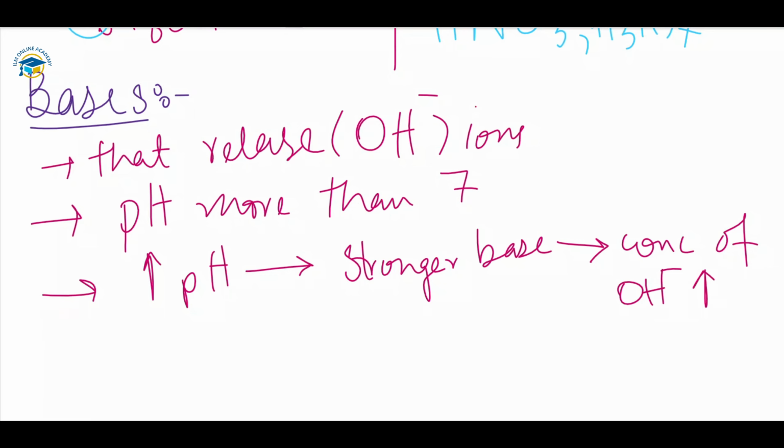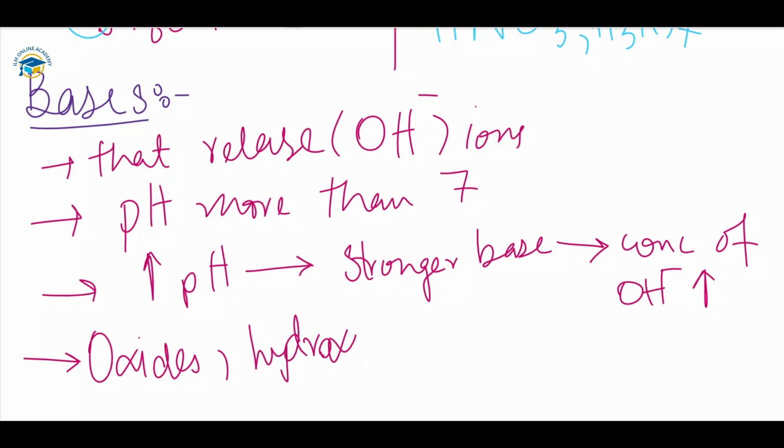Bases are usually the oxides or hydroxides of metals. As I already told you about the oxides, oxides are substances formed when oxygen combines with them, and hydroxide means when OH, hydrogen and oxygen, combines with a metal. So oxides and hydroxides of metals are bases.